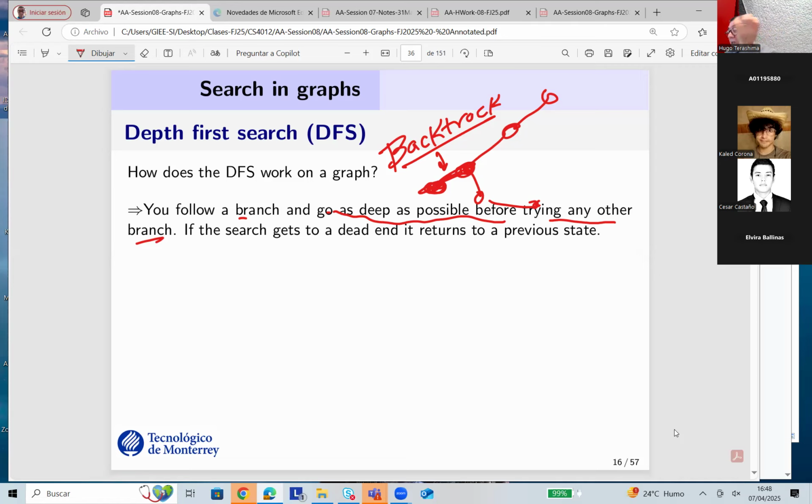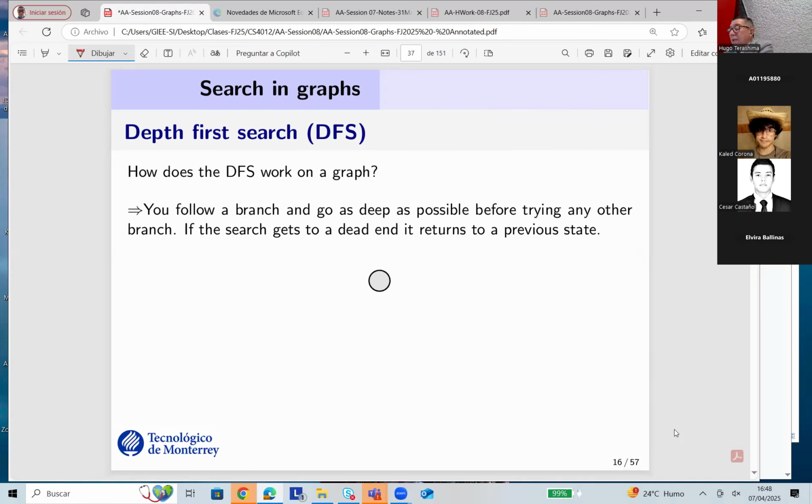At the end, what you are constructing with the depth first and the breadth first search is a tree, a search tree, right? So in this case, you go here, and then you go here, and then you go deep, no more. So you backtrack and then continue in that branch, right?